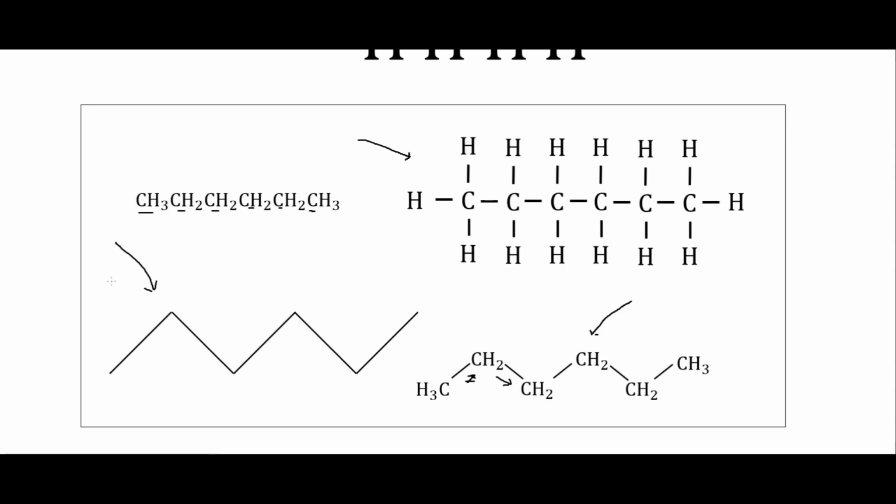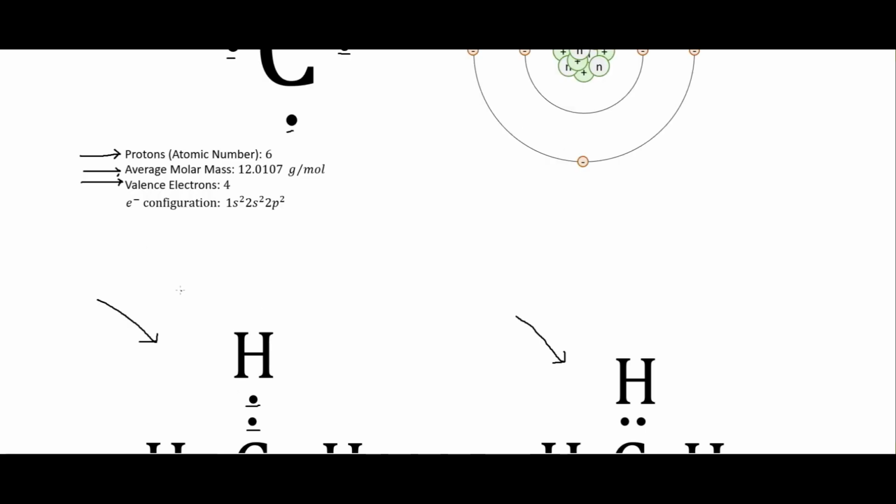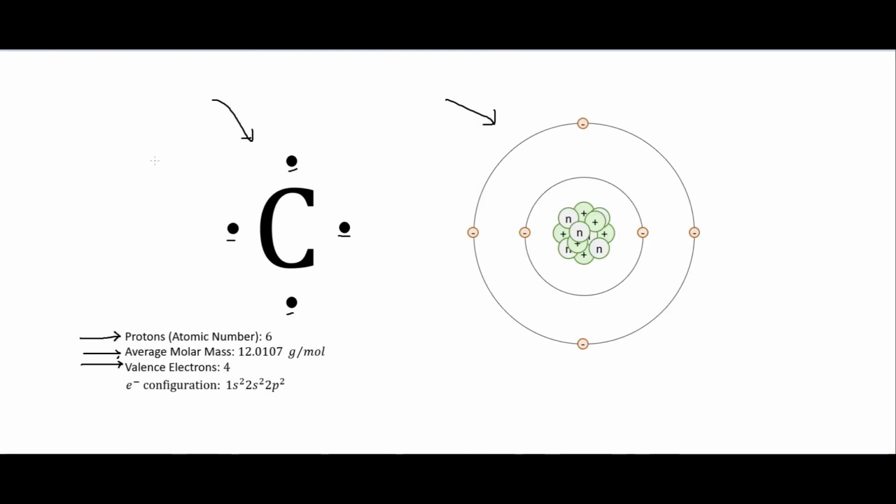It takes some getting used to, but once you get used to it, you will come to appreciate what a time-saving device drawing it like this is. And the thing to keep in mind, and I'm going to remind you throughout, is that the carbon can never have more than 4 things bound to it.